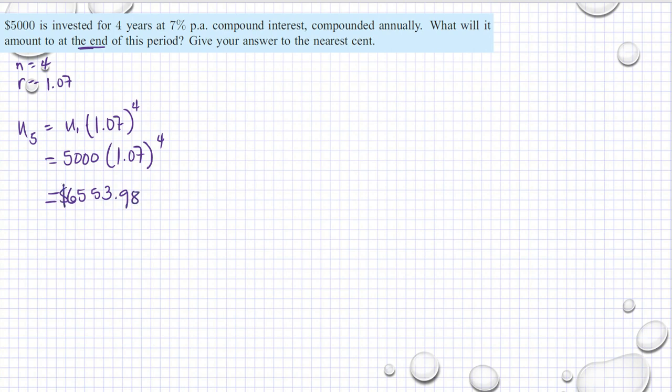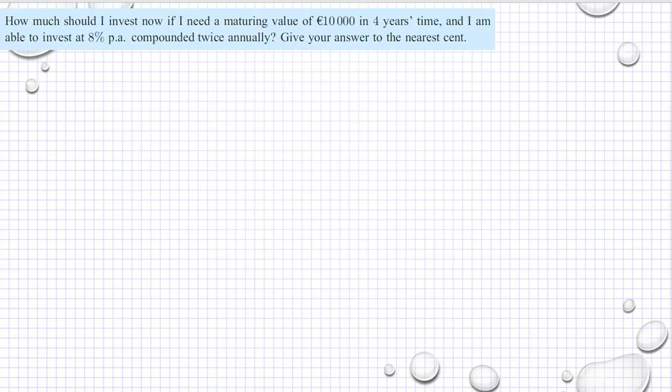Okay, more examples. How much should I invest now if I need a maturing value of 10,000 euro in 4 years time, and I am able to invest at 8% per annum compounded twice annually? Give your answer to the nearest cent again. So my u sub n plus 1 is equal to 10,000 euro.